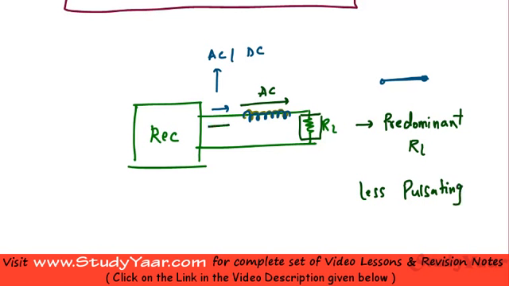So this voltage would be more pulsating in nature as compared to the voltage available across here. In general, your inductor is always connected in series with your load. So this is your RL and this is your inductor.